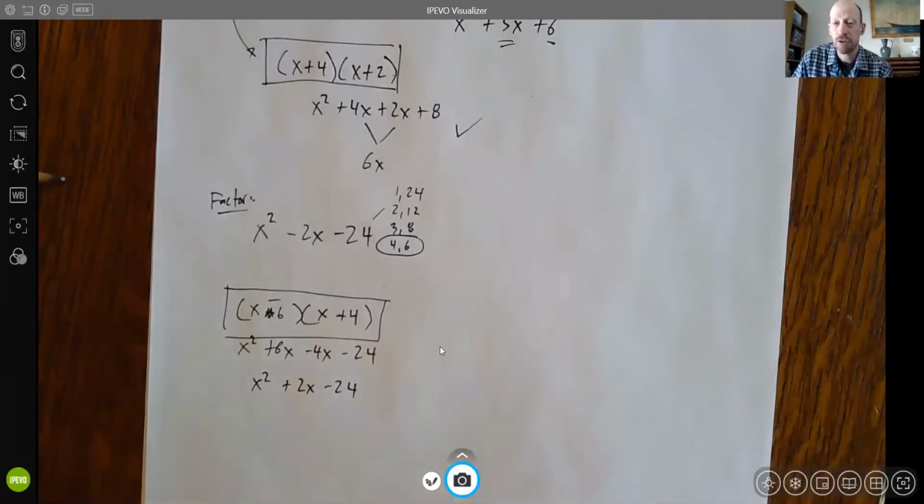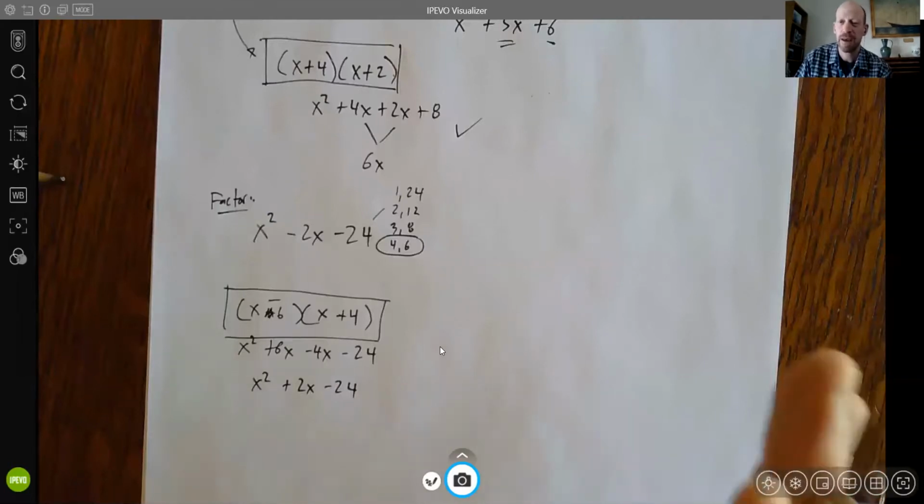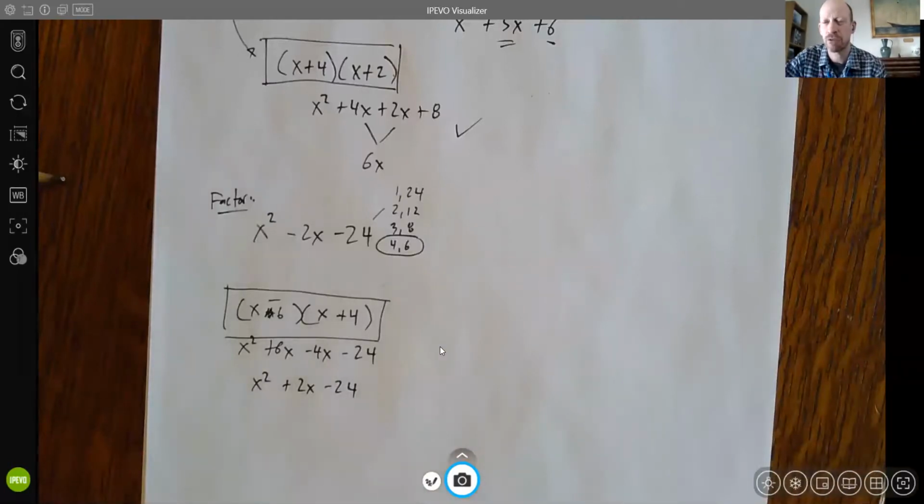Some of you may have learned different strategies or different ways of thinking about it in the past. That is totally fine. If you have another way of thinking or working with these that works for you, go ahead and use that method. There's very little that's important about how we're doing this. We really just want a method that works for us, that allows us to break these trinomials down.